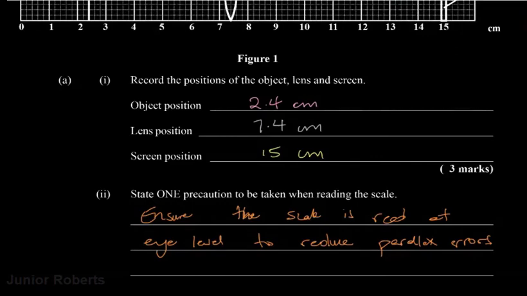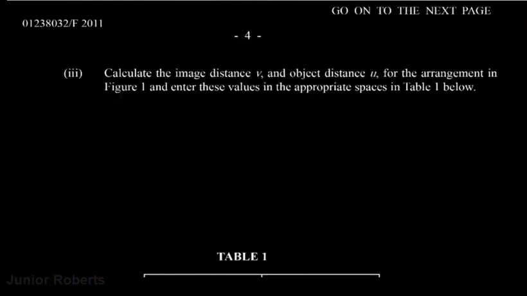So we've just completed this question, so we can scroll forward. Now it says we're to calculate the image distance V and the object distance U for the arrangement in figure 1, and enter these values in their appropriate spaces in the table below. And this is our table, right?